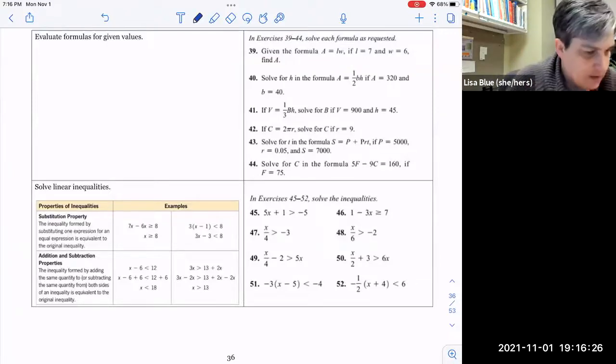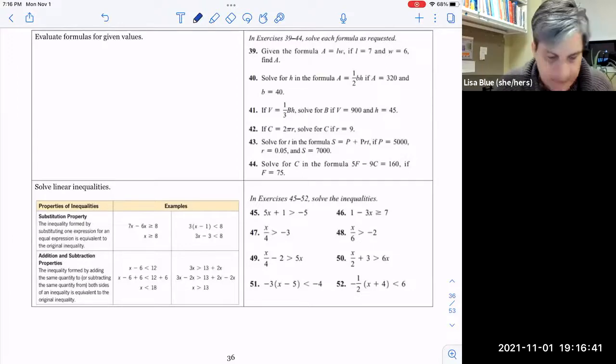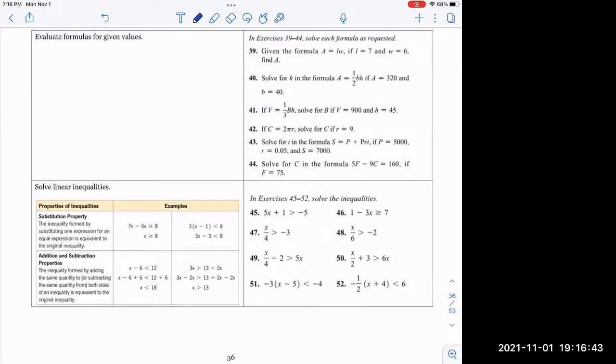No, let's see, 36. Let me look at my notes. I definitely want to do one of those inequalities. Okay. Why don't you just pick one and we'll do that? Yeah, because I'm not seeing the literal equations that they didn't like. Okay. Can we do 51 there?